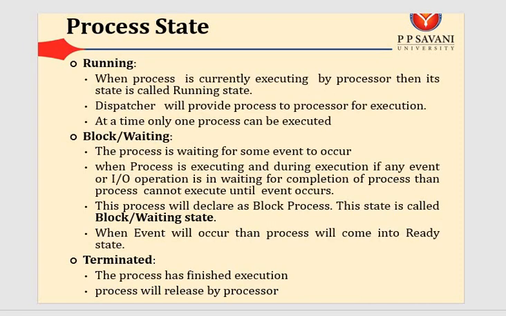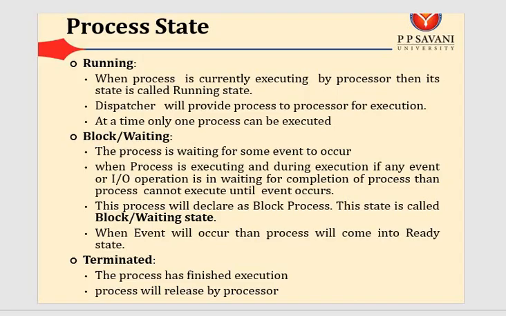Now another state is the running state. When a process is currently being executed by the processor, its state is called the running state. That means whenever a process is allocated to the processor, it acquires the running state.